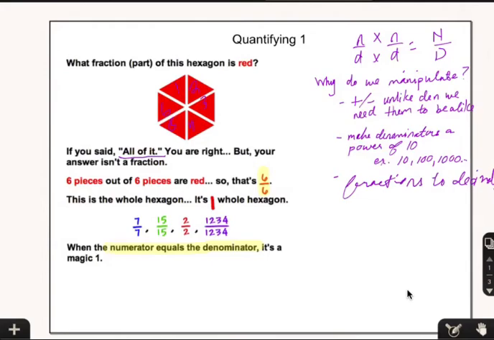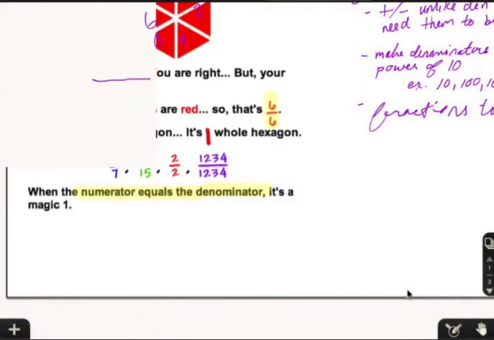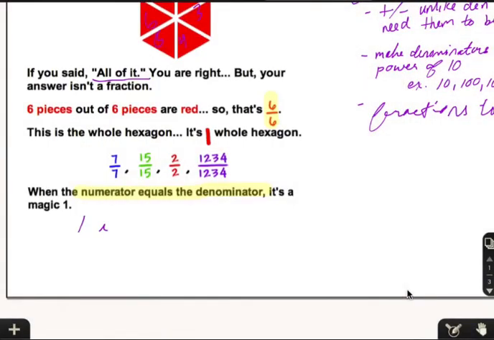Why is a 1 so important? Well, a 1 is the identity in multiplication. And what that means is that no matter what number I multiply by 1, it always keeps its true value, its true identity, right?